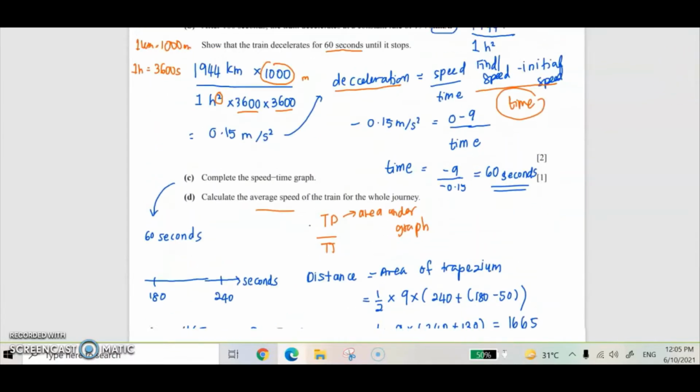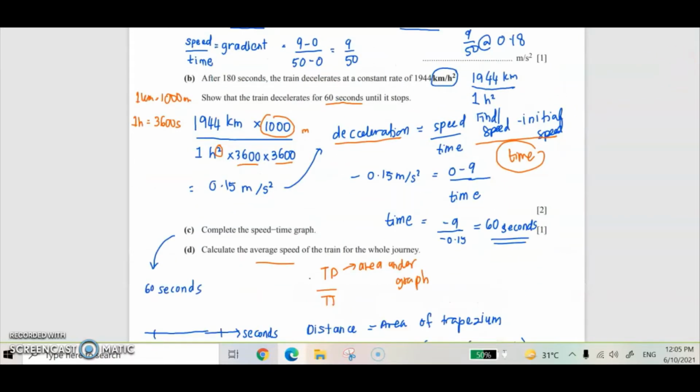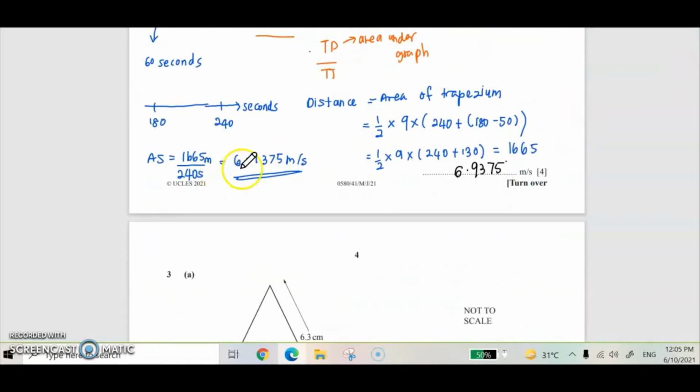Total time here is 240 seconds, from 0 until 240 seconds, and we get the average speed as 6.9375 meter per second. Okay, so we take the whole decimal number. So this is the answer. Okay, so we discussed question number 3.